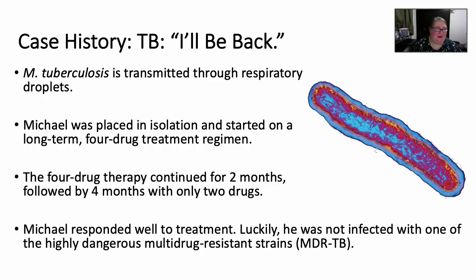Because he was diagnosed with TB, Michael is placed in isolation, and in order to get rid of the TB, he has to be on a 4-drug antibiotic treatment for a long time. His 4-drug therapy goes for 2 months, and then they reduce his therapy to only 2 antibiotics, which persist for the next 4 months.